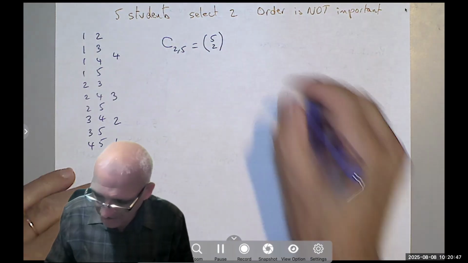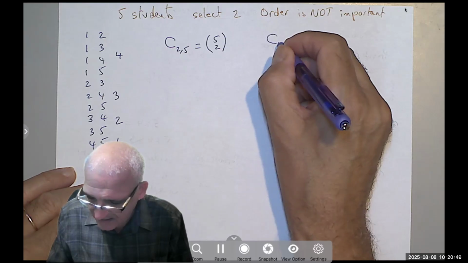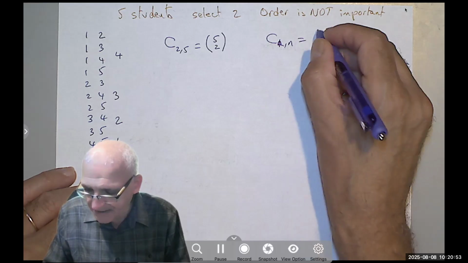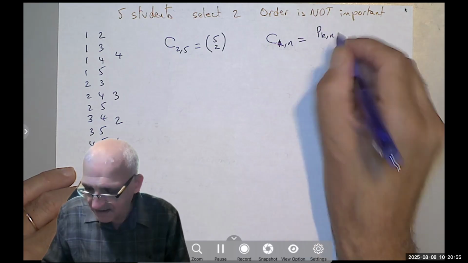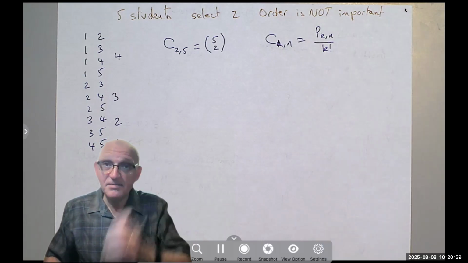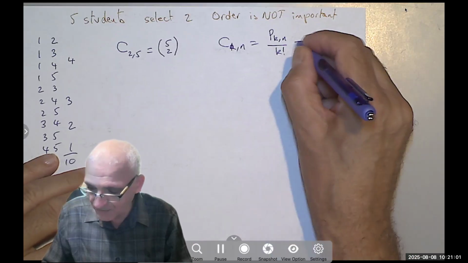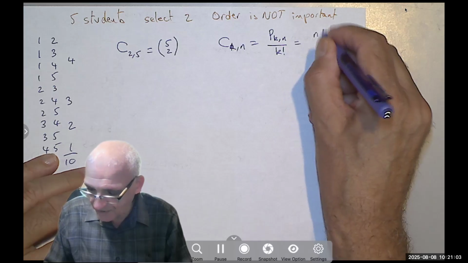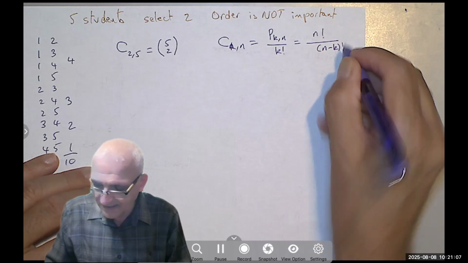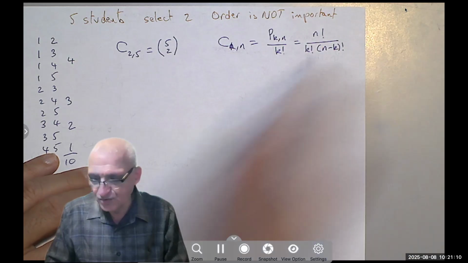And the definition of C(n,k) is P(n,k) divided by k factorial. Remember what P(n,k) was? It was n factorial over (n minus k) factorial. And now I divide again by k factorial.